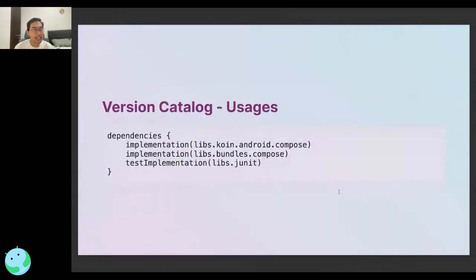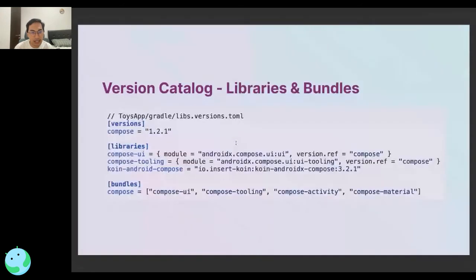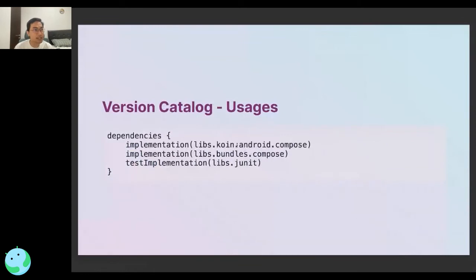To use the version catalog's libraries, just use libs followed by your library name or bundle name, like this. In this example, this is the Koin library, and this is the Compose bundle. Notice that the Koin library definition is converted from using a dash separator, like this, into a dot separator.